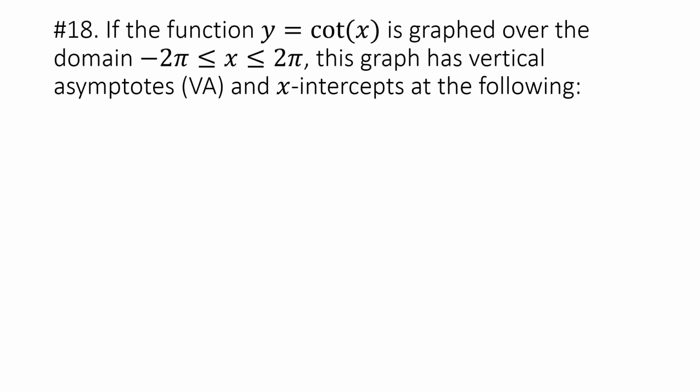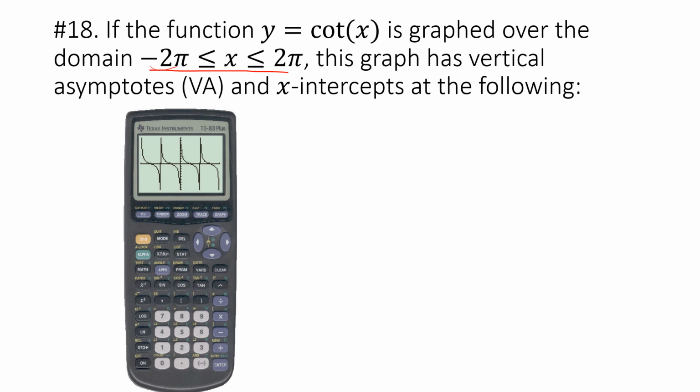Cotangent graph, we're going to find the asymptotes and x-intercepts between -2 pi and 2 pi. I put in x minimum -2 pi, maximum 2 pi, and the x scale is pi over 2. In that case, it looks like this. So this is 0, and this is pi, 2 pi. This is negative pi, and this is negative 2 pi.